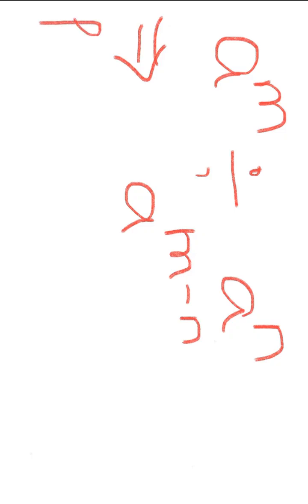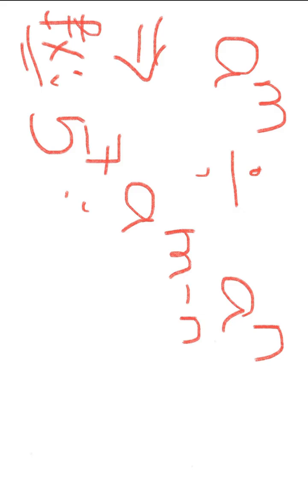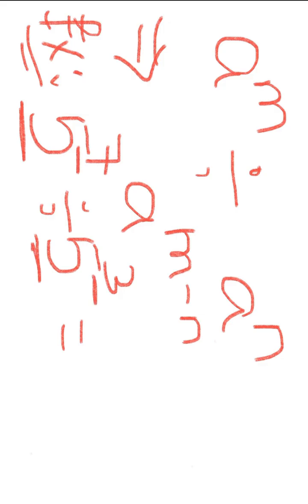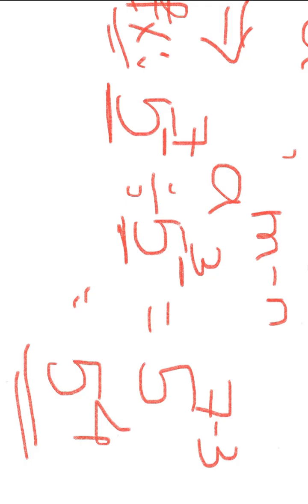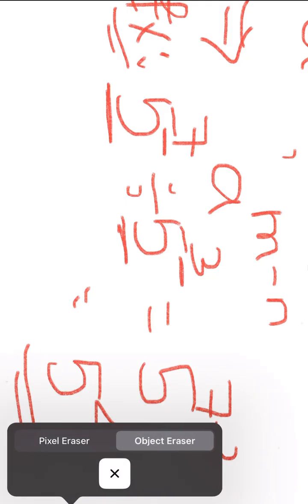Let us take one example: 5 raised to 7 divided by 5 raised to 3. Here the bases are same but the powers are different, so you subtract the powers and get 5 raised to 4 as your answer. This is the second identity or second law.